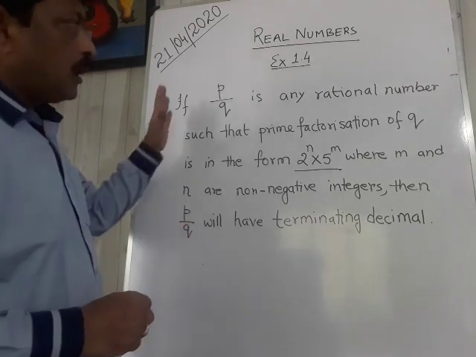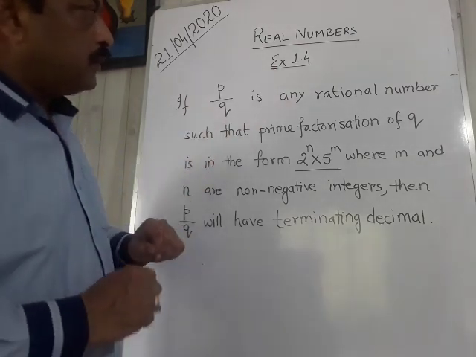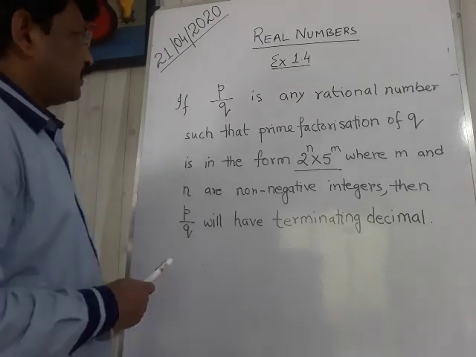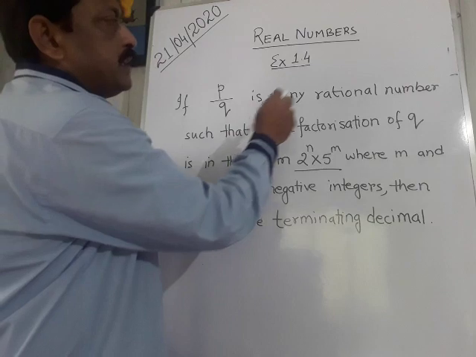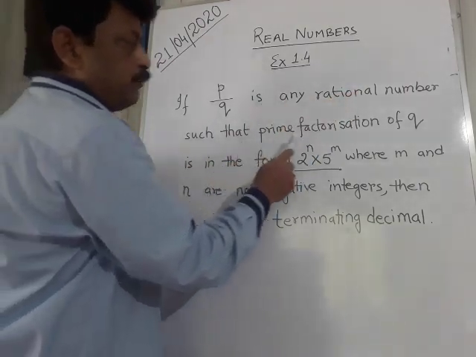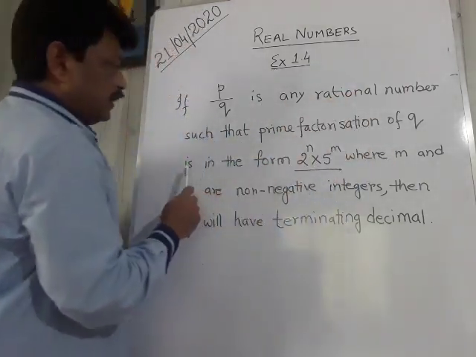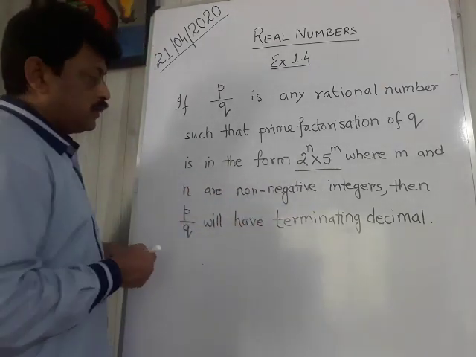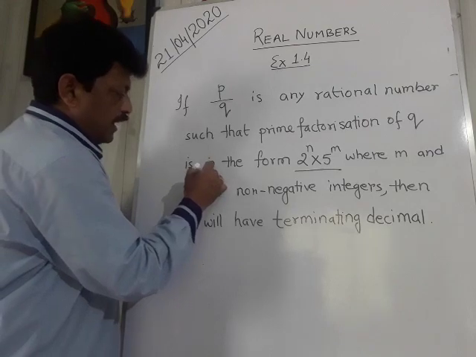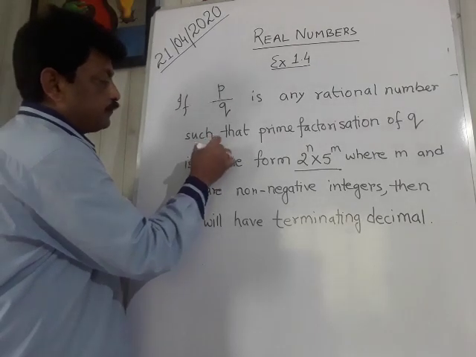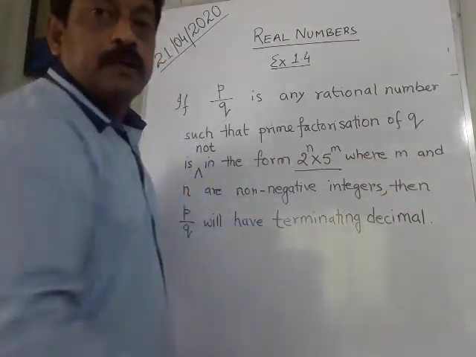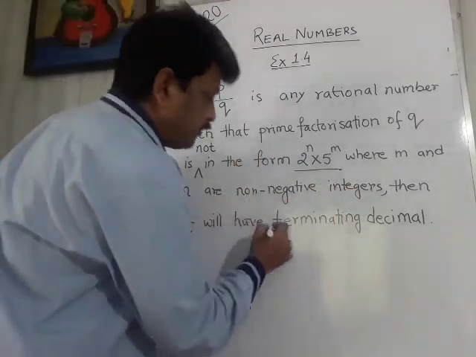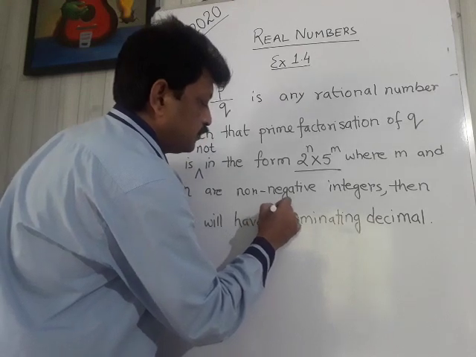So in case of non-terminating decimal, how to find whether it will have a non-terminating decimal? If p by q is any rational number such that prime factors of q is not in the form 2 to the power n into 5 to the power m, where m and n are non-negative integers, then p by q will have non-terminating decimal.